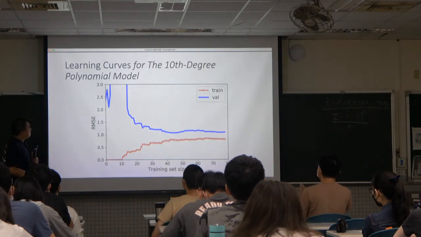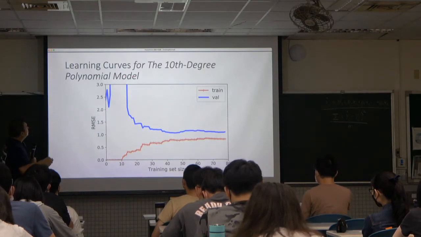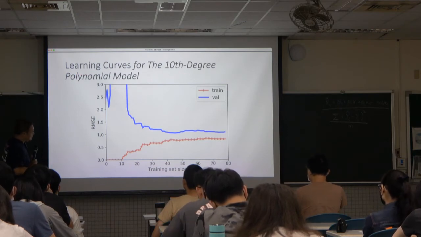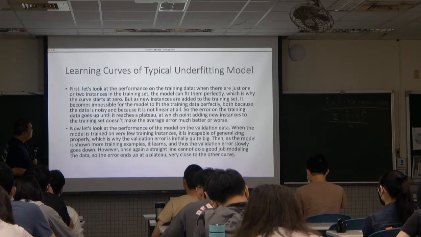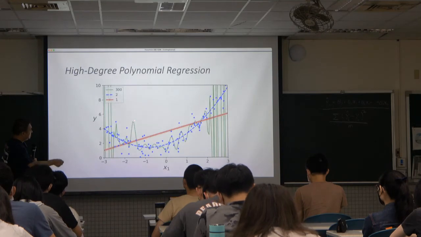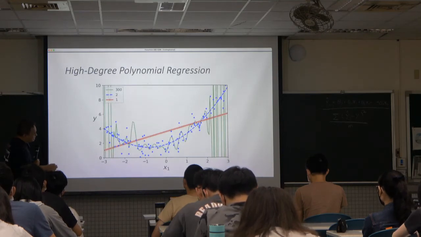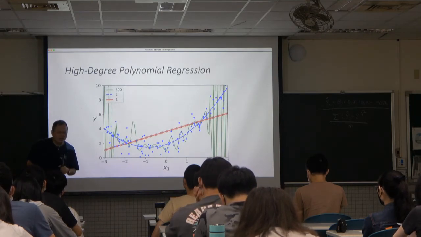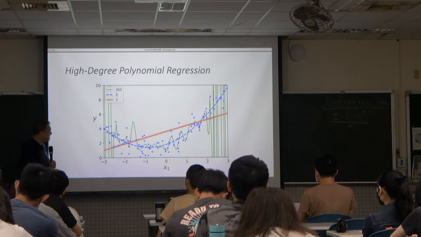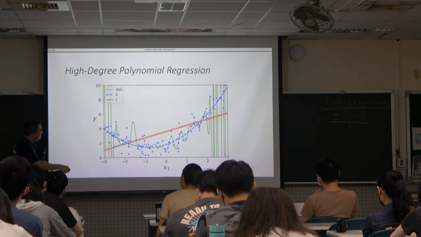How about overfitting? This is the situation where we use a 10th degree polynomial model to fit these points. A 10th degree polynomial is not like a 300 degree polynomial, so it's not as bad as the green line.